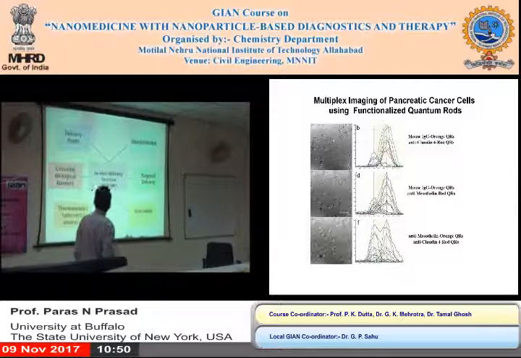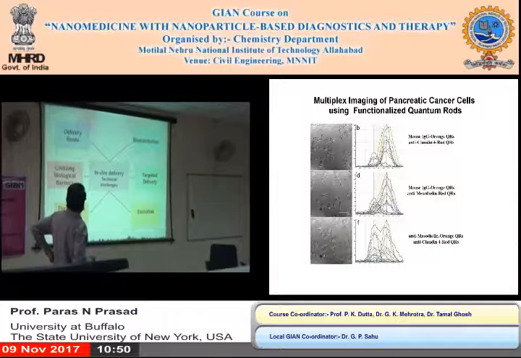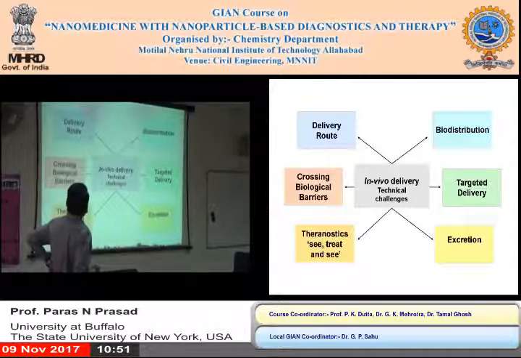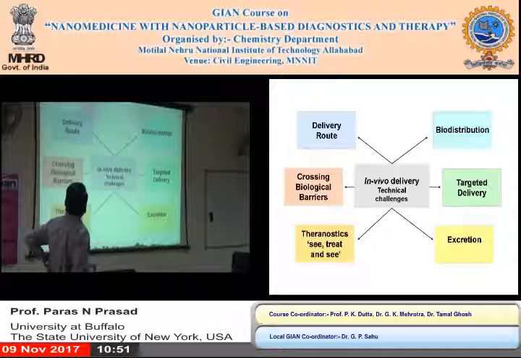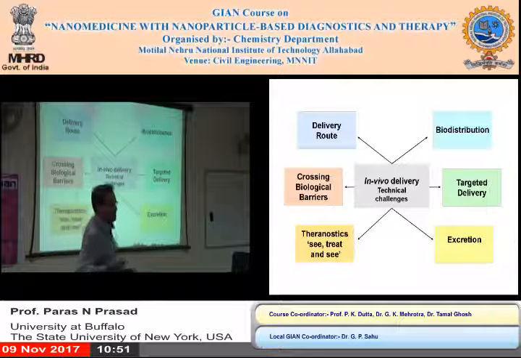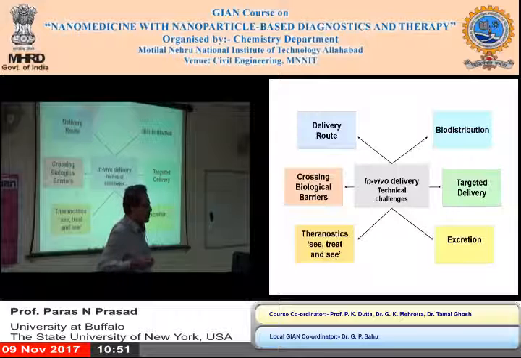Okay. So let's look at in vivo studies now. So what do we do in in vivo delivery? In in vivo delivery, first we have to choose the delivery route. How do we get nanoparticle inside the body? And there are many ways. The simplest way could be oral.